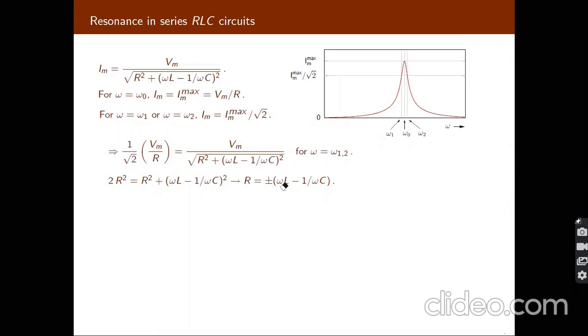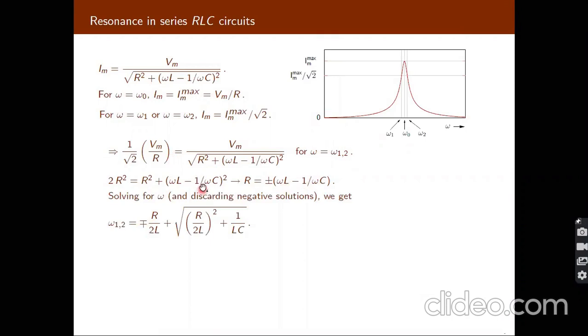So omega L minus 1 by omega C. If you do LCM, we will have omega square LC minus 1 by omega C. Yes, that means it is a second order equation. For a second order equation, we will have two roots. Second order means it is having two roots, omega 1 and omega 2.